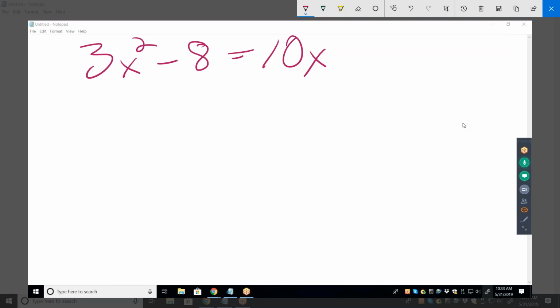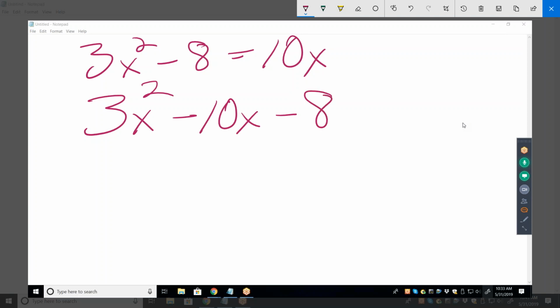A quadratic. Okay, how do you solve quadratics? Well, you need to get everything on one side. So when we subtract 10x from both sides. Very good. And put it in order. Put that 10x in the middle where it belongs. And 0 on the other side now.